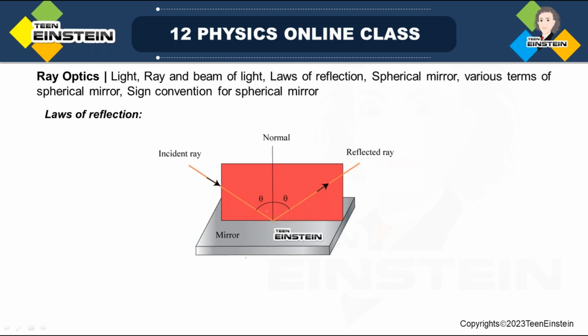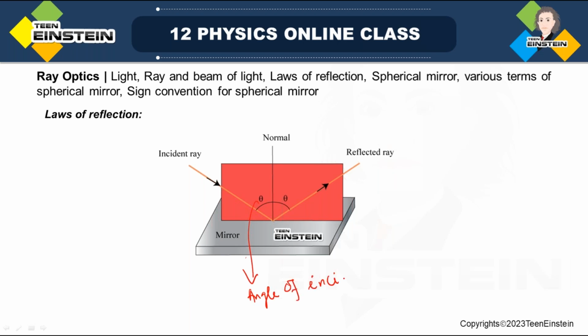And see, there are these angles. This is the normal to the reflecting surface. Normal is drawn on the reflecting surface. The angle between the incident ray and the normal is called the angle of incidence. Just to recap, angle of incidence.